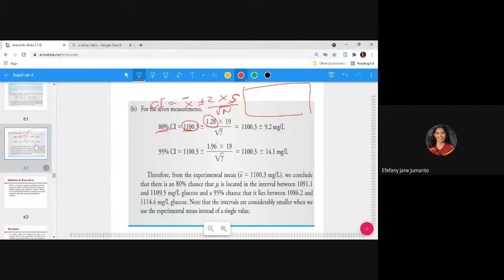So unsa siya kalayo. Now for your result, the most desirable one is that you will get a lower value of standard deviation, so that it means if you have lower standard deviation, it means that it is more precise. You have a result that is more precise because you get a smaller s value.